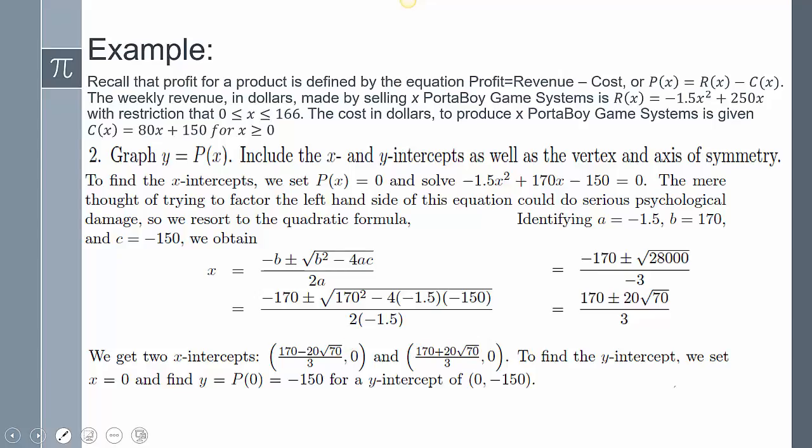My y values are 0 because I'm writing them as points. Now to find the y-intercept, I plug in 0 for x. This goes to 0, this goes to 0, and I'm only left with negative 150. So creating a point with that, I get the point 0, negative 150 as my answer.